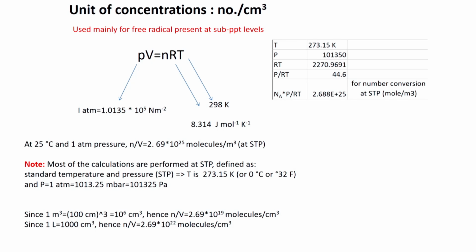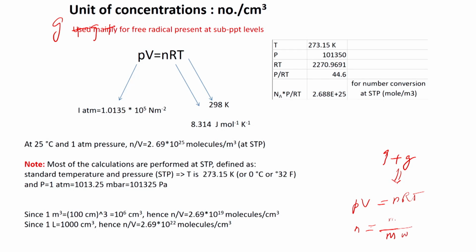Okay, so the crux of these equations is that when we are dealing with a gas-phase system, we will always be using the equation PV equals nRT. This is the equation that we have to use. Here, n is the number of moles, so in principle it can be written as mass divided by molecular weight.